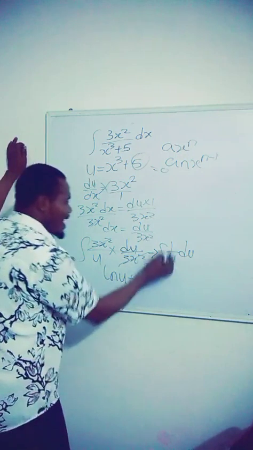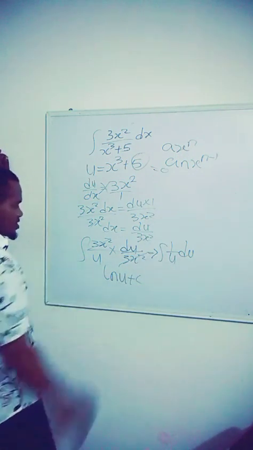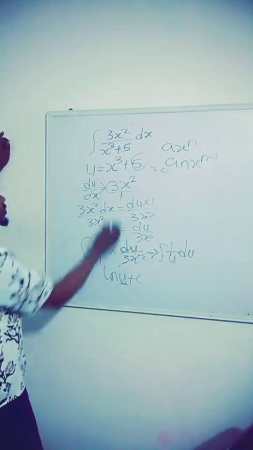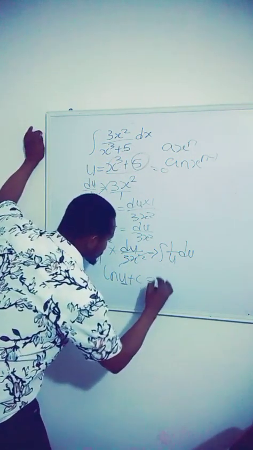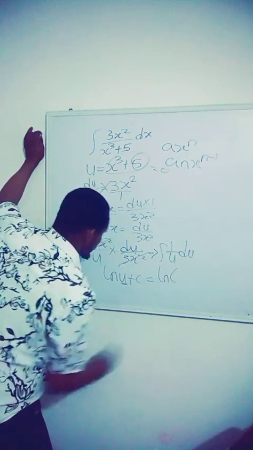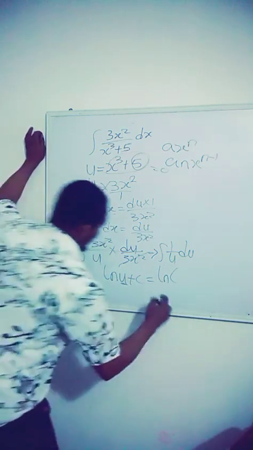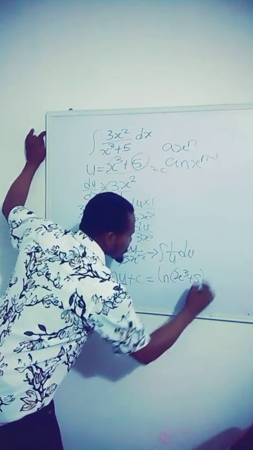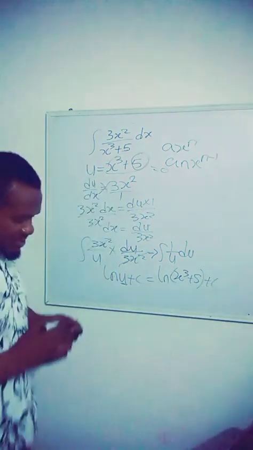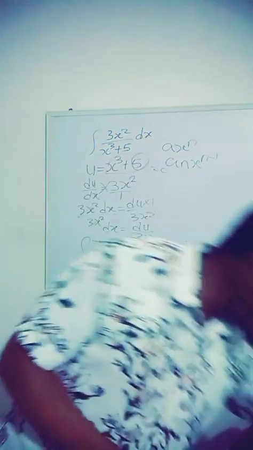Because we don't have lower and upper limits, we have to include c. And don't forget our u is what? Our u is x cubed plus 5. So it's going to be ln of x cubed plus 5, plus c. So that is it. That is our answer.